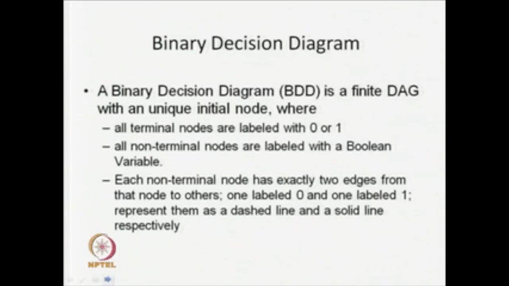It is a finite directed acyclic graph with a unique initial node, where all terminal nodes are labeled with 0 or 1. All non-terminal nodes are labeled with Boolean variables.